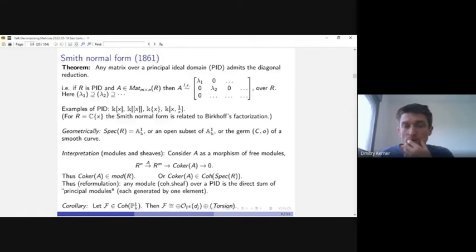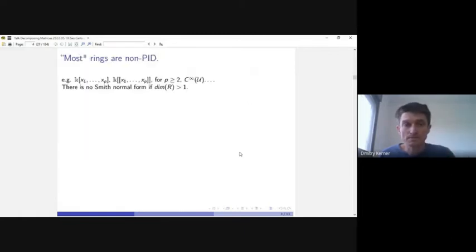And once again, this theorem is more or less equivalent to Birkhoff factorization, and it follows from Smith normal form. So this shows that the Smith normal form is highly useful, and it is useful also in many other areas of mathematics.